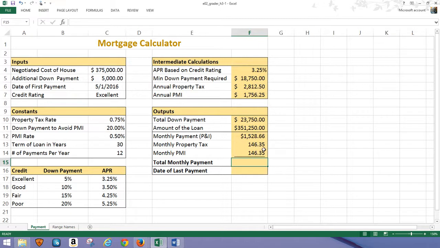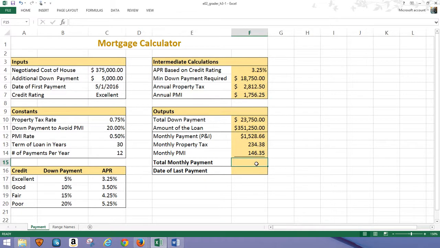Now, you look and it's the same. Why? Well, because for the property tax I used PMI, not property. So now I've changed that, and it's now correct.